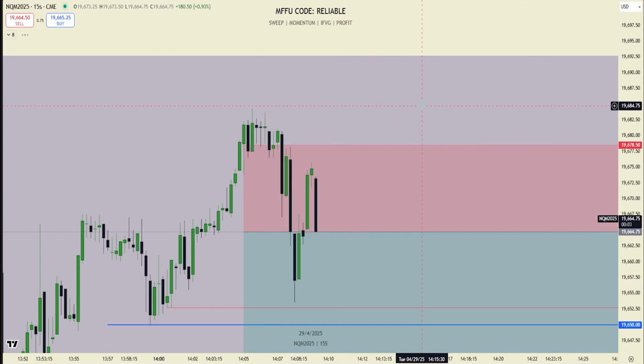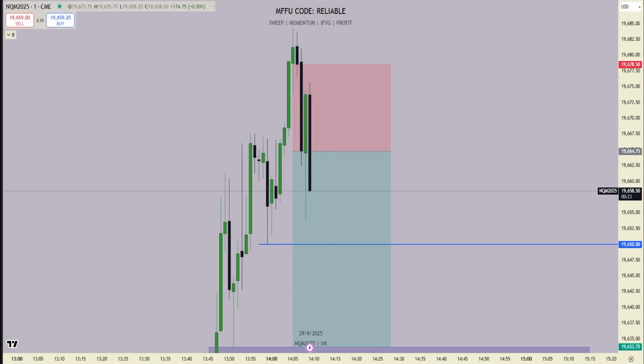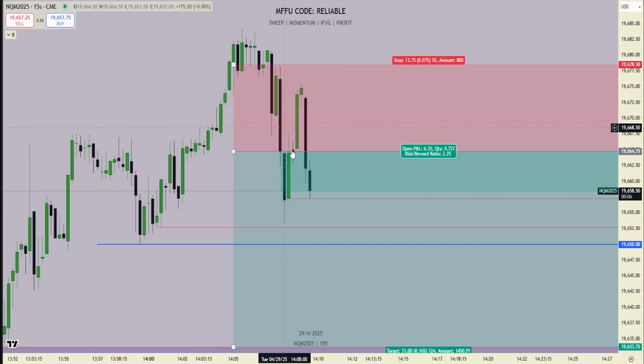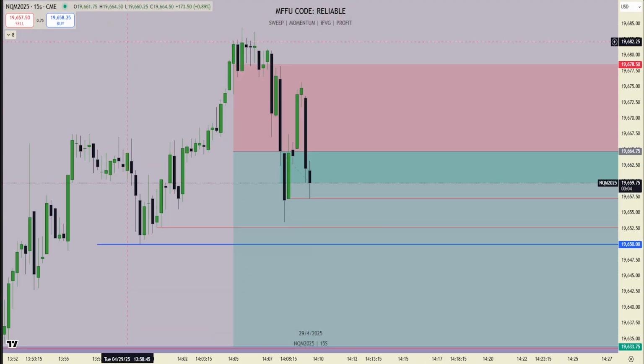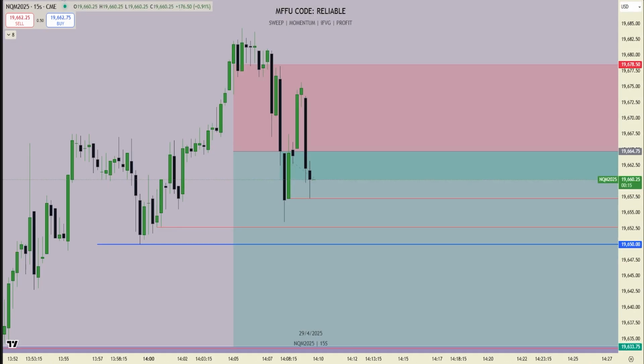Now, maybe if we get this 15-second confirmation setup paired with the 1 minute, maybe that makes it a little bit more convincing, right? But still, the draw on liquidity is kind of questionable. I do like this 15-second, probably more than just the 1 minute on its own, though. So we will see.